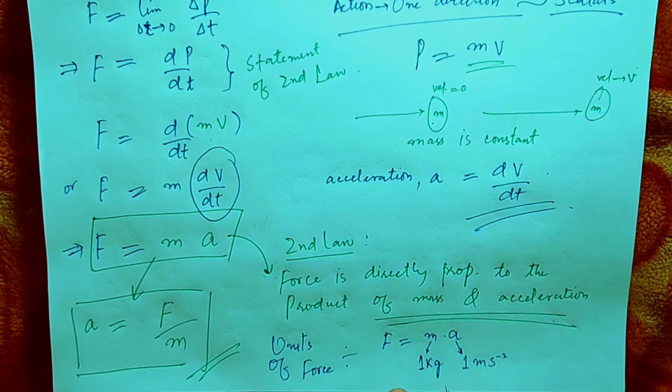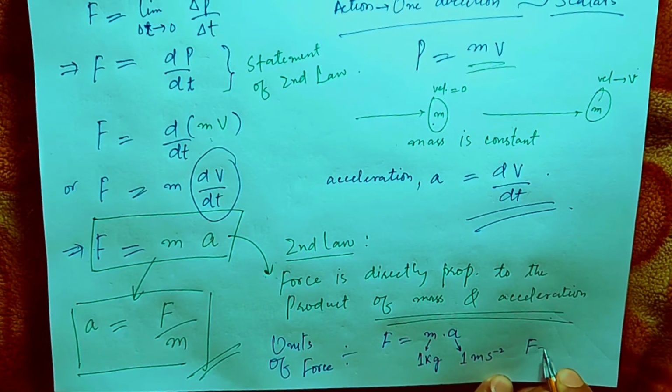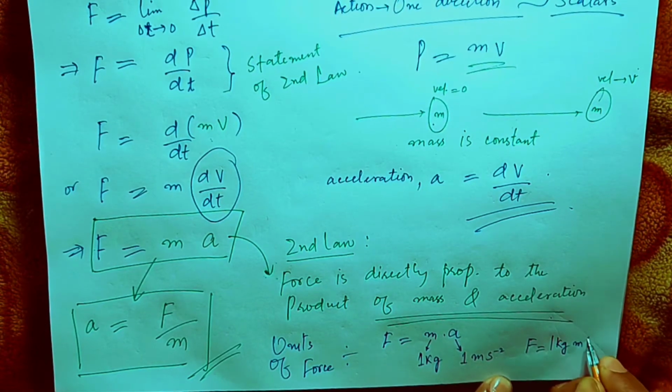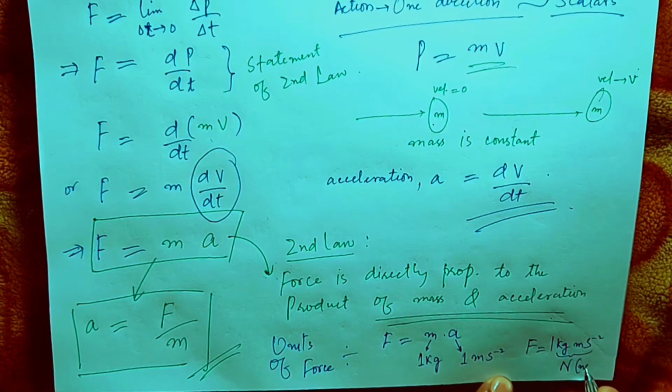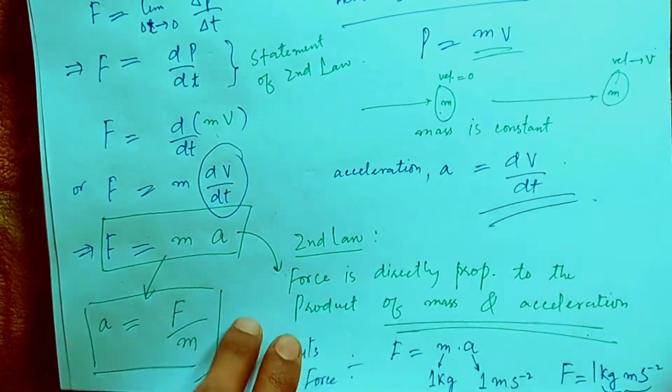So that means the force exerted will be equal to 1 multiplied by 1 kg meter per second square. And this very term is represented by N, that is the Newton. Okay? So we can say the SI units of force.